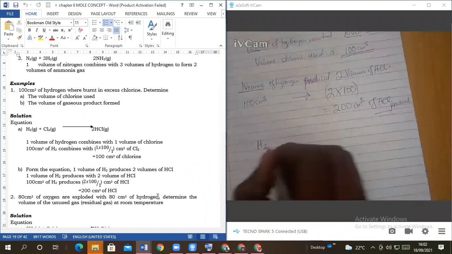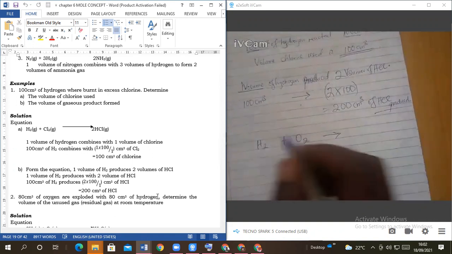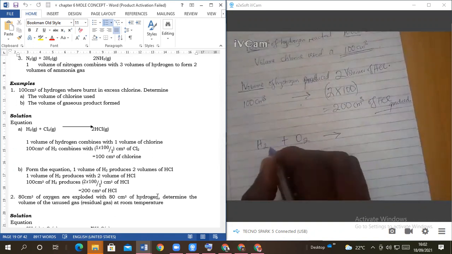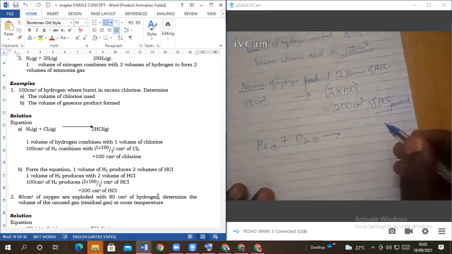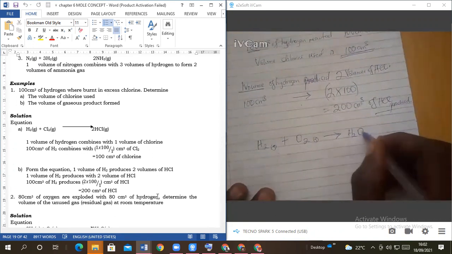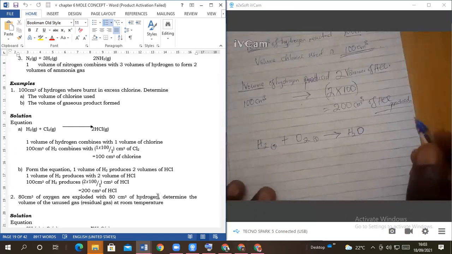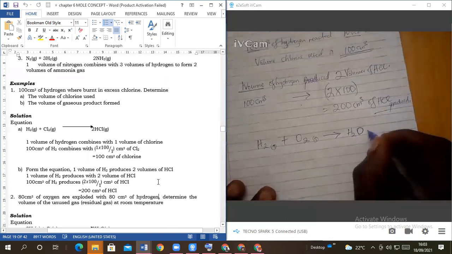So hydrogen and oxygen gives us what? This is a gas. What do you form? You form water, not hydroxide. Water. That water will be in a gaseous state.